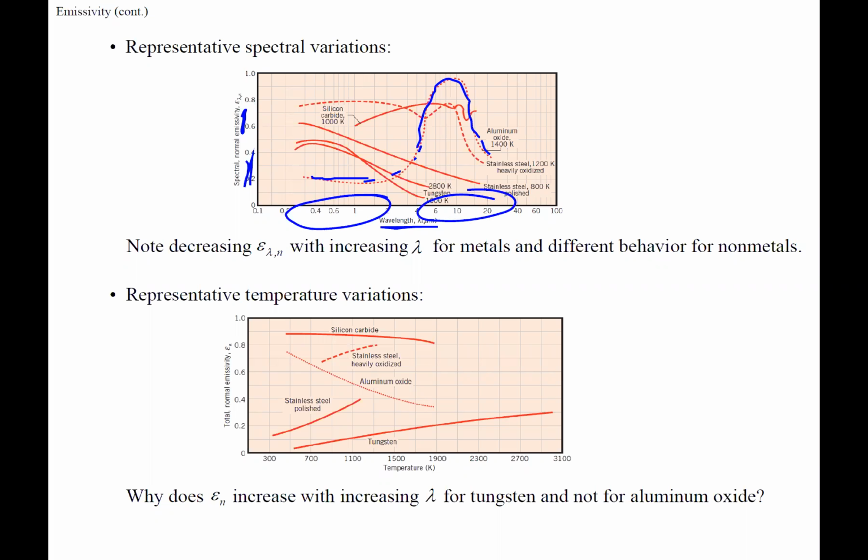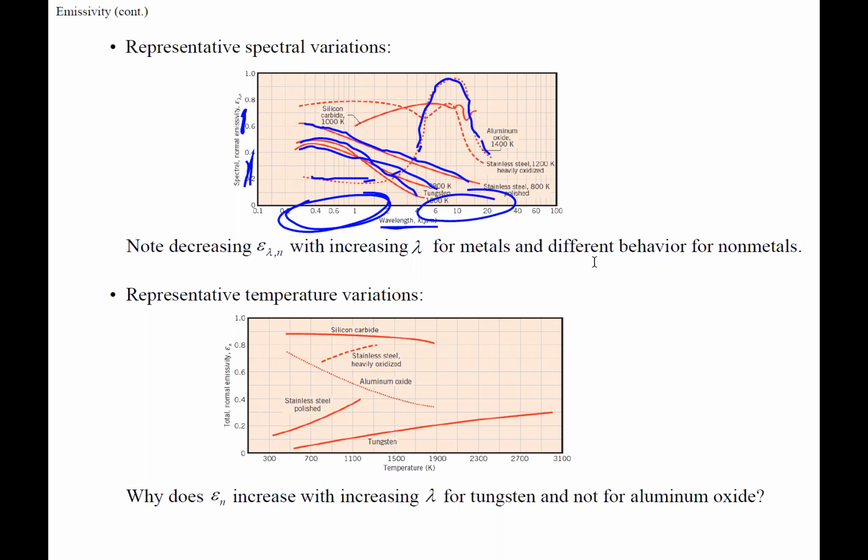Or polished stainless steel, which has higher emissivity at low wavelengths, but very low emissivity at high wavelengths. And then we have tungsten. We see the curves for different temperatures, where emissivity gets lower at higher wavelengths, but it changes with temperature a little bit.